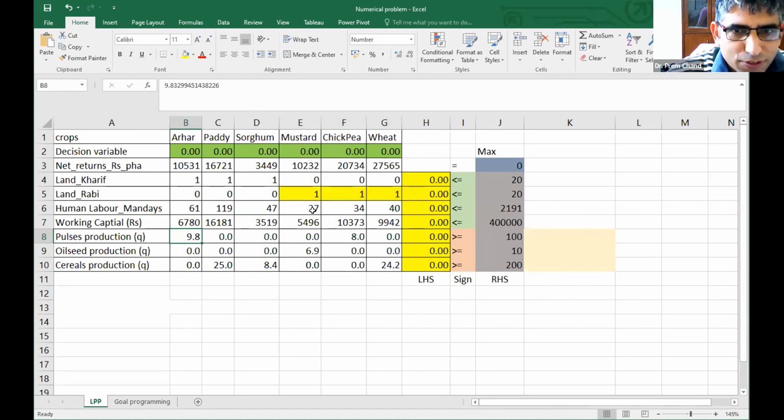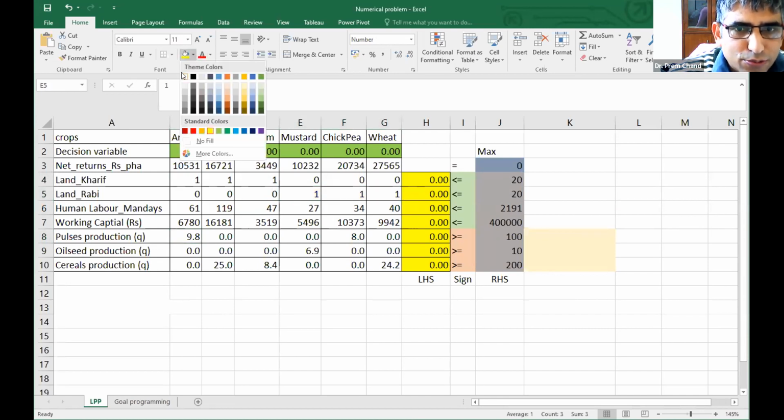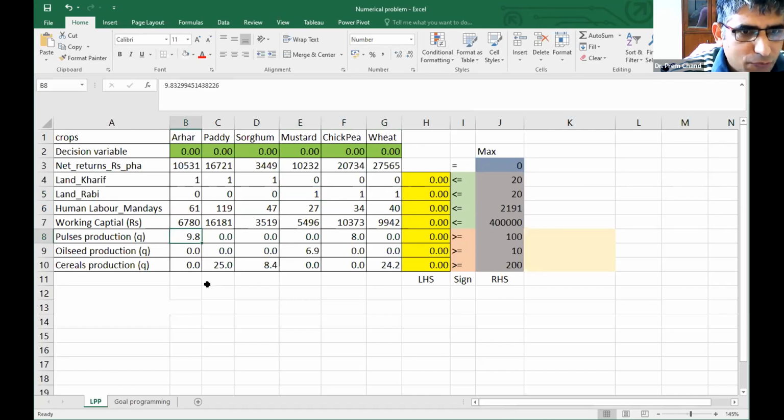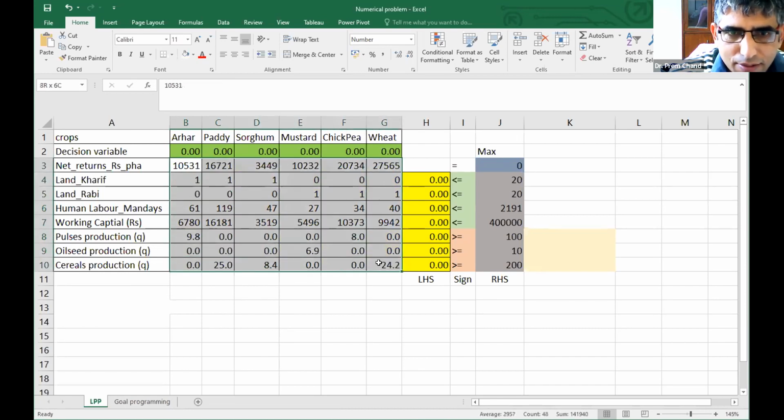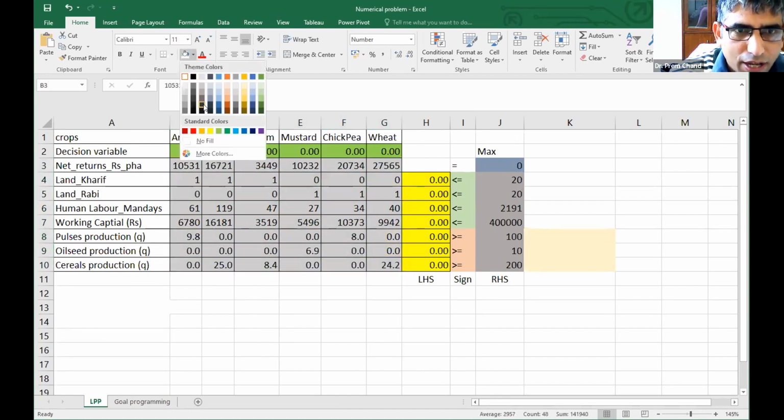Let me remove the color so that you can understand. The yield for Arhar is 9.8 quintal per hectare. I will choose a different color: these highlighted cells are the unit requirement or use coefficients.